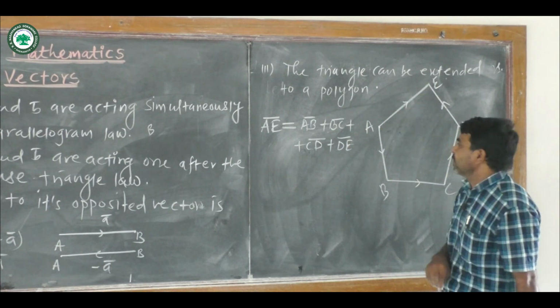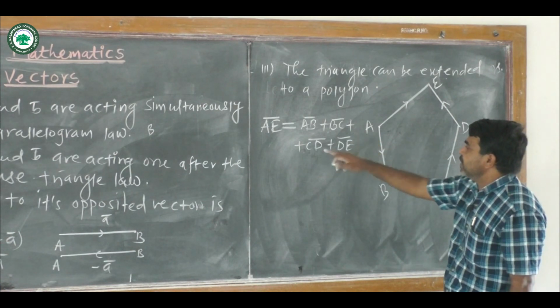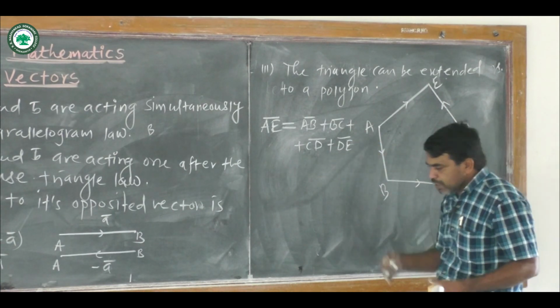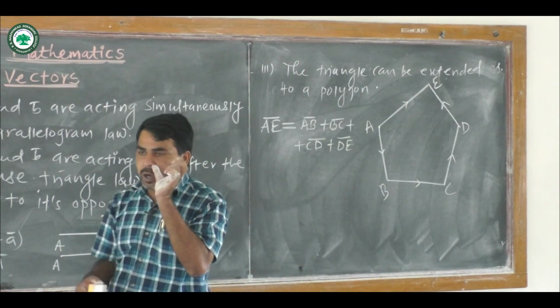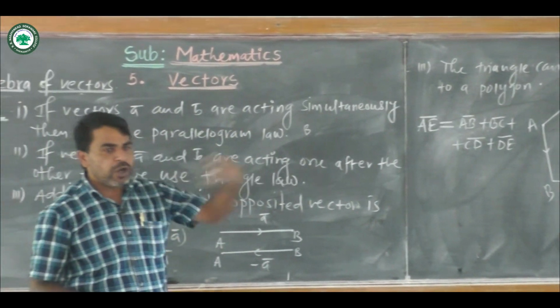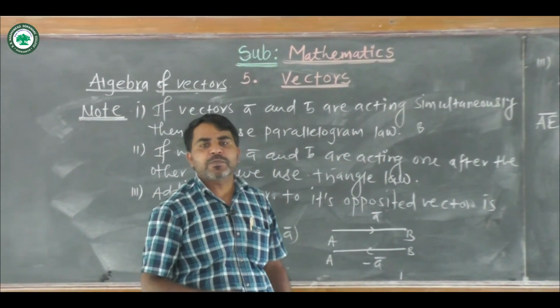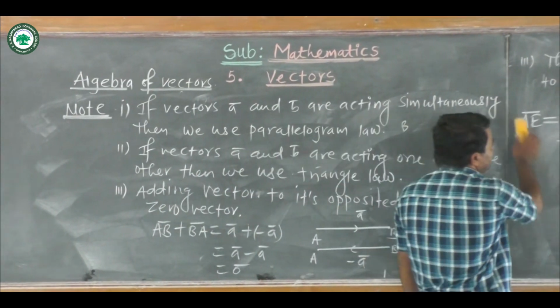AE bar. So AE bar is equal to AB bar plus BC bar plus CD bar plus DE bar. So in this way, triangle law can be extended to a polygon, and if we use the triangle law in the form of a polygon, then that law is called the polygonal law of addition of vectors. This is the third note.